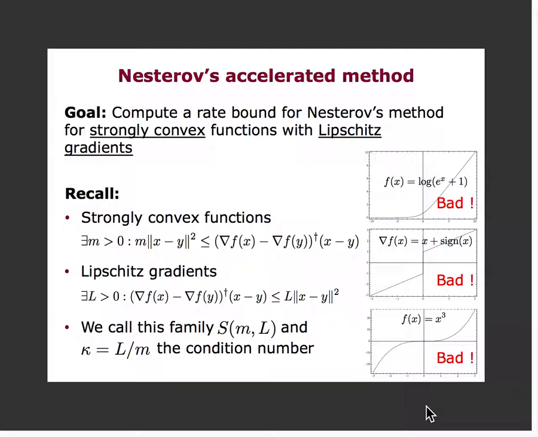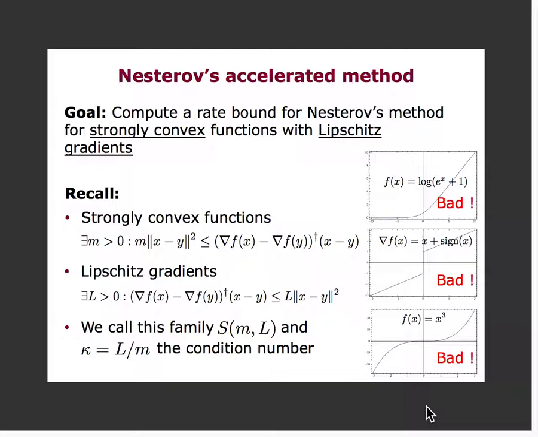We also want a function with Lipschitz gradients, so we don't want the gradient of the function to have jumps. We do not want things like this. In particular, if a function has Lipschitz gradients, you can also think of it as an upper bound on the curvature of the function. At every point, the curvature of the function is bounded by L, which needs to be smaller than infinity.